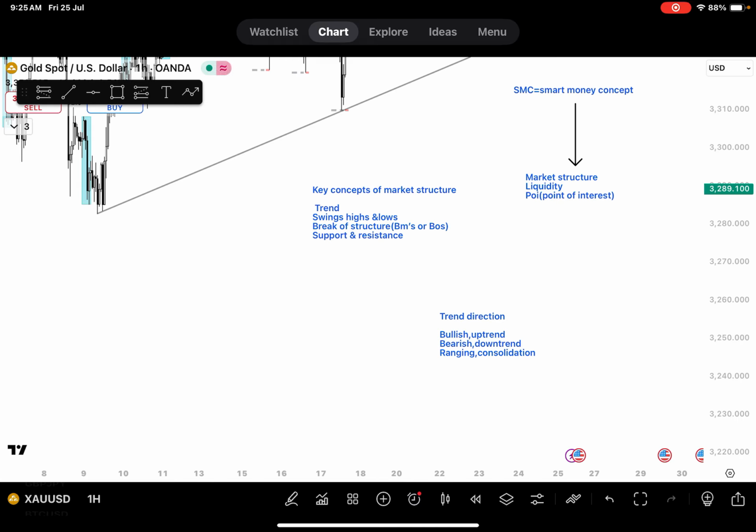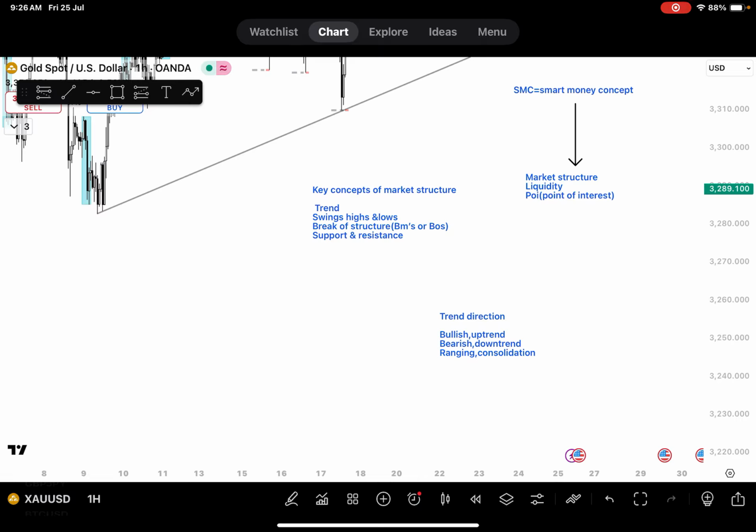So we have basically three of them. We have the bullish, the uptrend, which simply signifies that the market is going up. And the bearish, which means the market is going down. When the market is going down, that is what we mean by the bearish or downward trend.